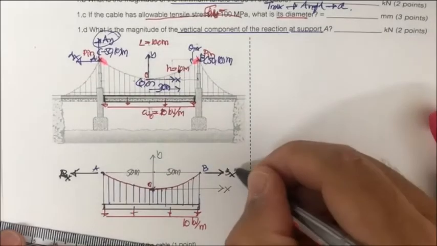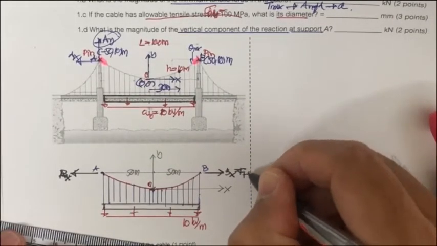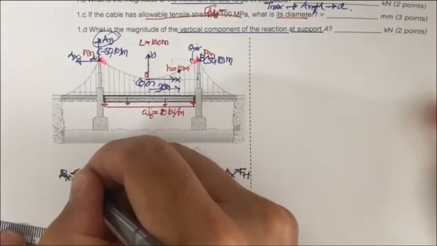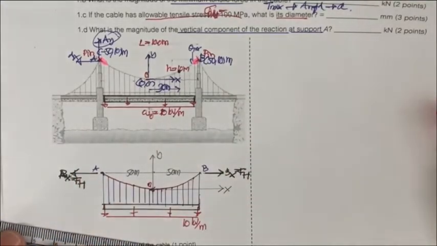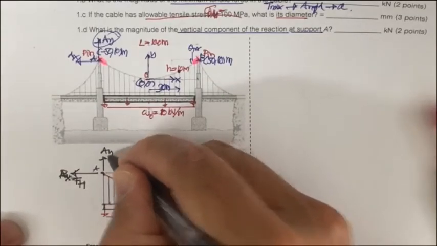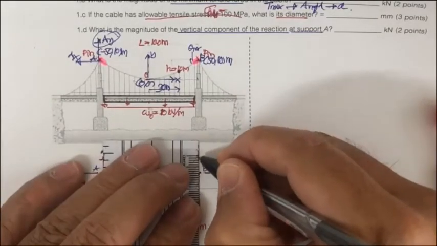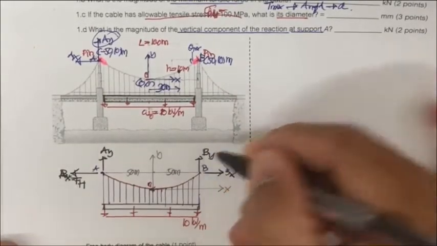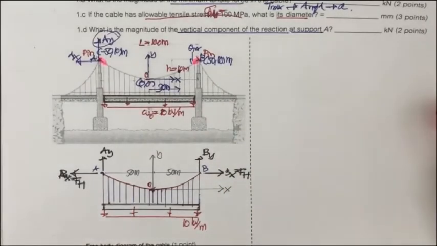And you may also know that this is going to be F sub h, since all the horizontal force of the cable are equal. And then at the A, you also have the A sub y, and also the B sub y. So now you get the free body diagram of the cable.